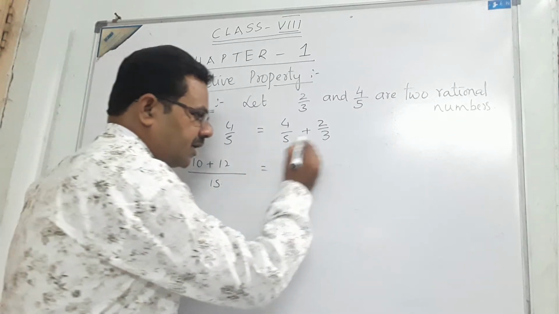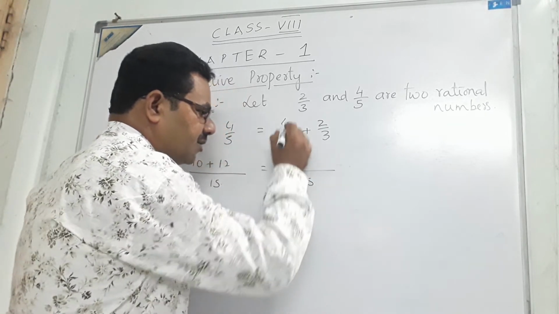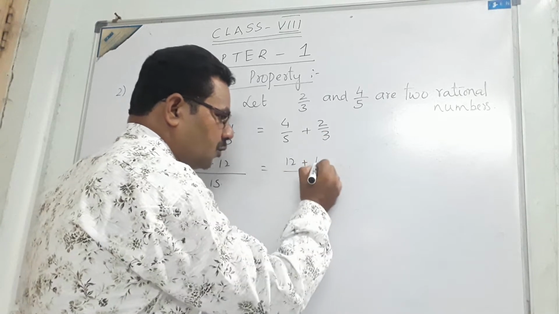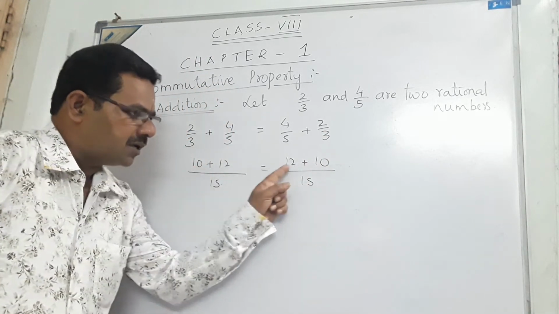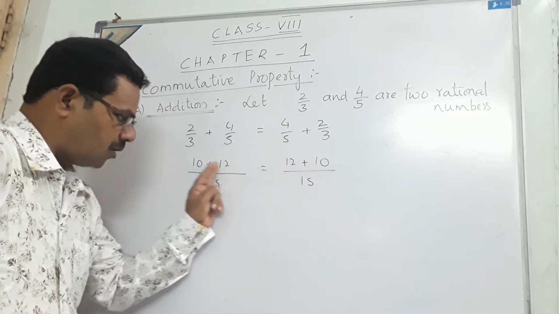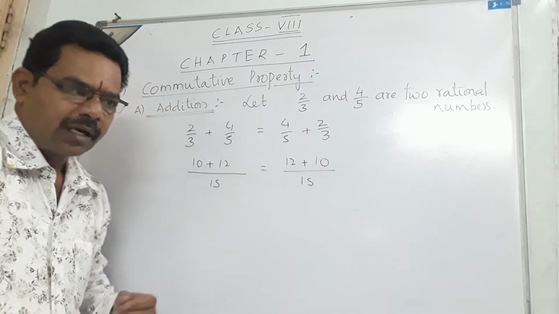Coming to the right hand side, 5 3s are 15 is the LCM. 5 3s are 15, 4 3s are 12. 3 5s are 15, 2 5s are 10. If you observe, both are nearly the same. We have to check whether those are the same or not. But now 10 plus 12 by 15, 12 plus 10 by 15. Both are equal.